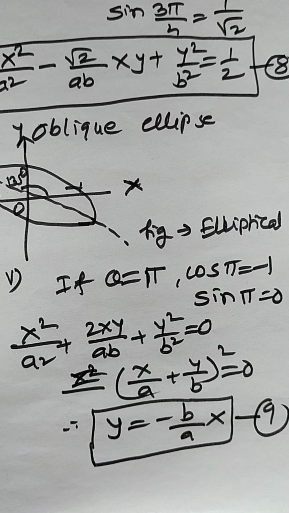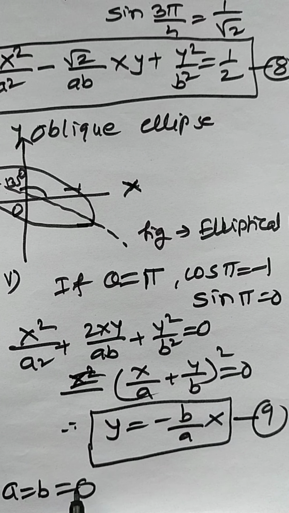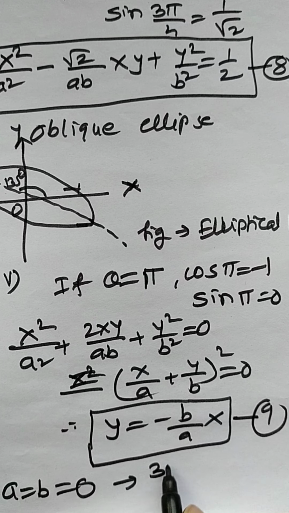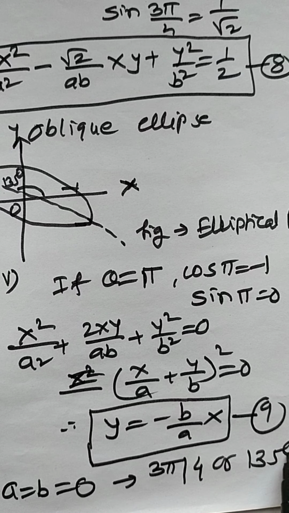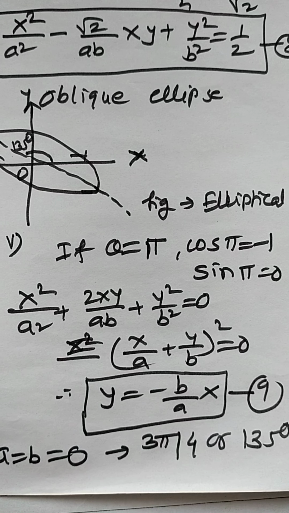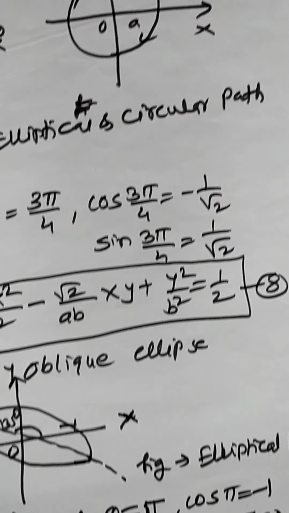And further if a is equal to b, then the straight line makes an angle of 3 pi by 4 or 135 degree with the x-axis, which is shown in the particular figure here.